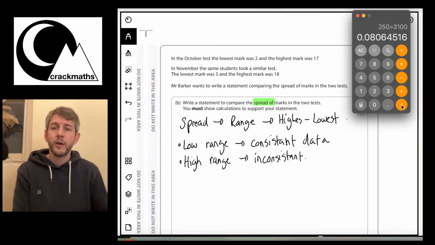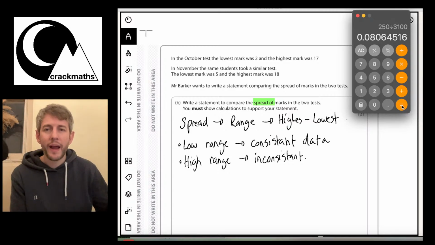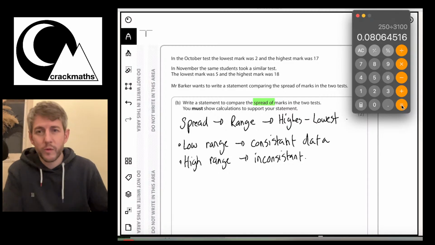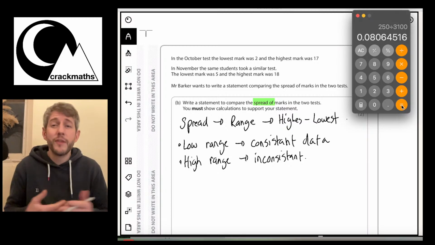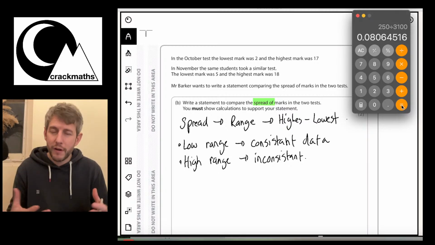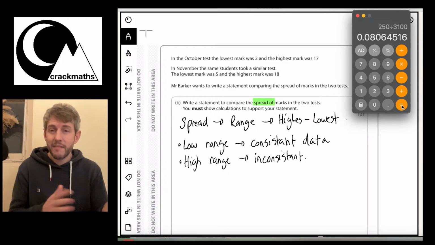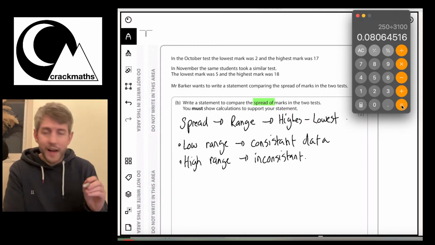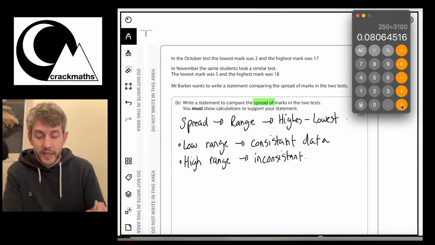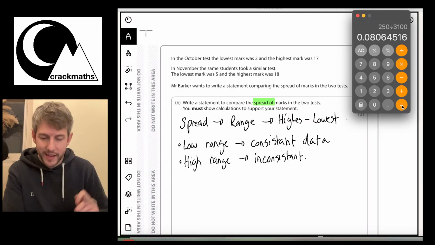So if you have a low range, you can count on the results that you're getting. You can use those results to predict the future. But if someone's got a large range, it means that the mean or the average or the median doesn't necessarily tell you much about the data. Anyway, let's have a look at how we can use this information to compare this data.